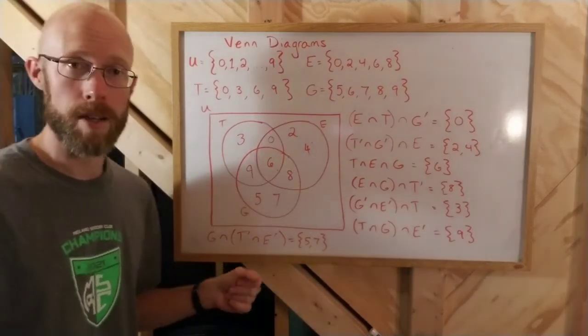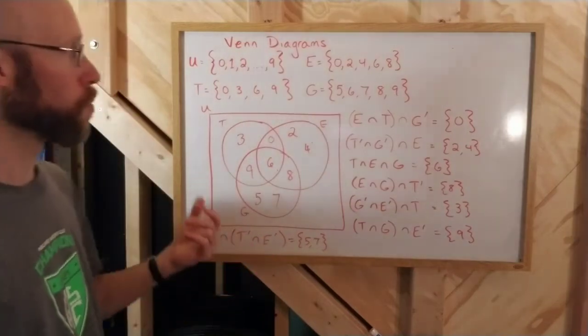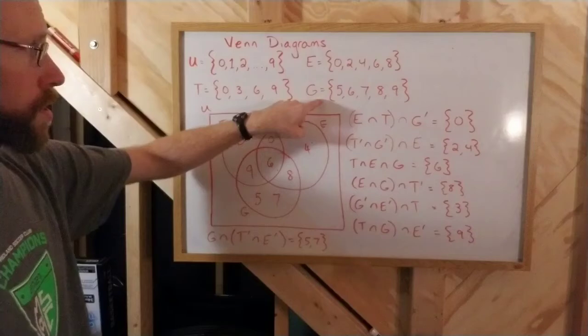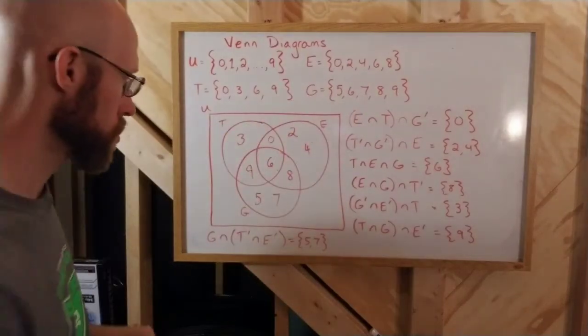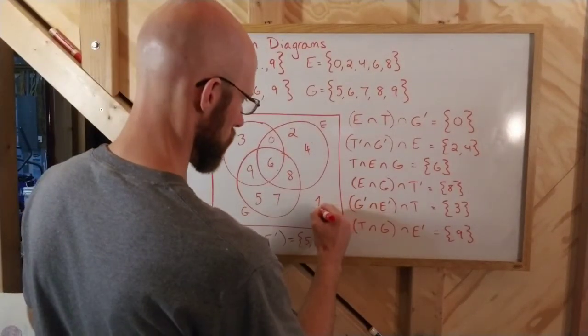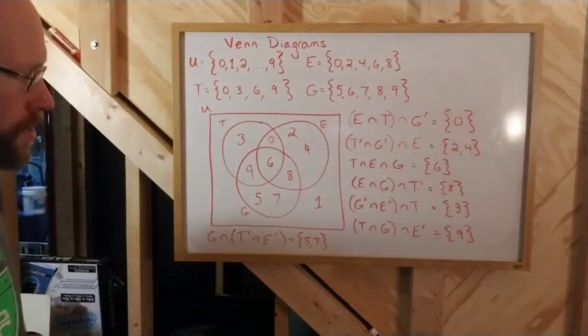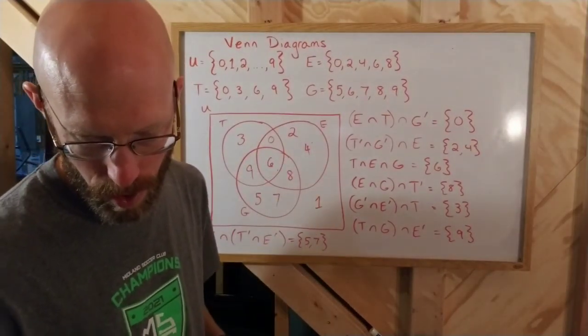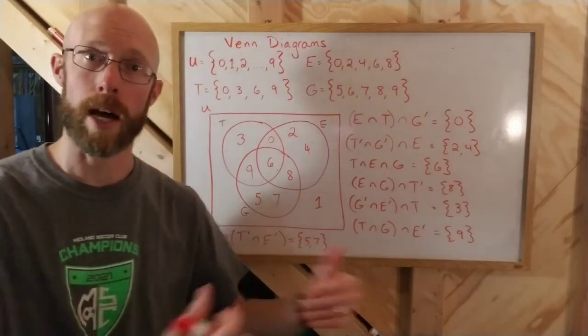But there is a number not used yet. It's the number 1. 1 is not an even, 1 is not a triple, and 1 is not greater than 4. So 1 can go in that exterior region.